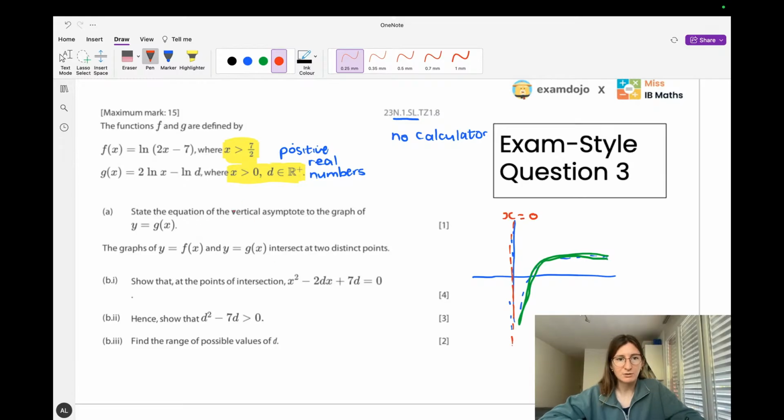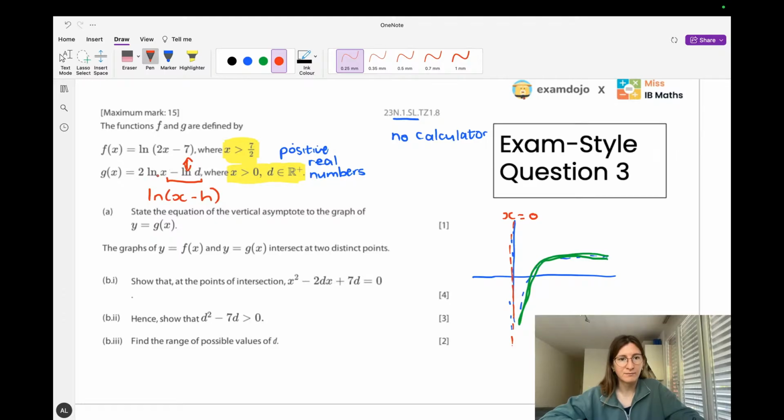So they want the vertical asymptote of this graph. And we have to think, well, that was when it was in the form x minus h, when we were moving it left or right. But in this one, have we moved it left or right? Remember, this part is outside of the function. That's not within it. So no, we haven't moved it left or right. This is moving it up or down.